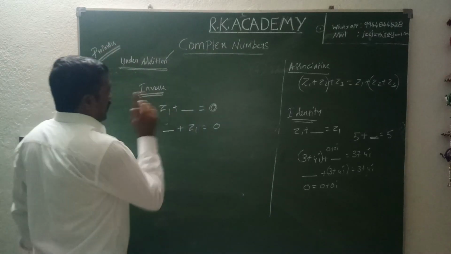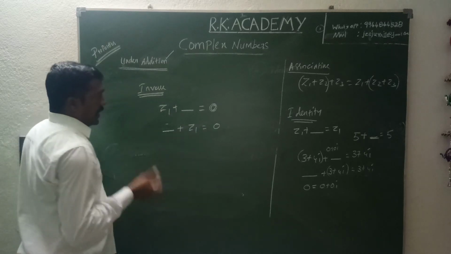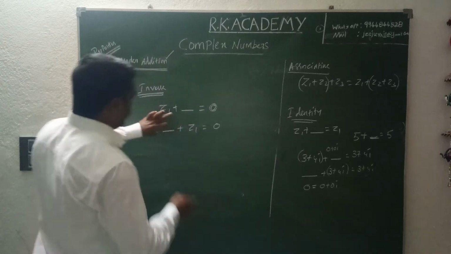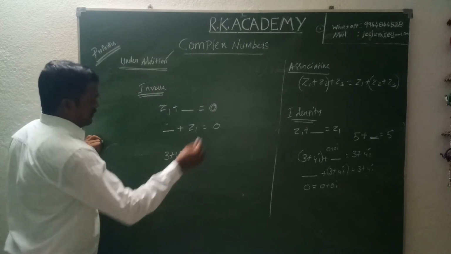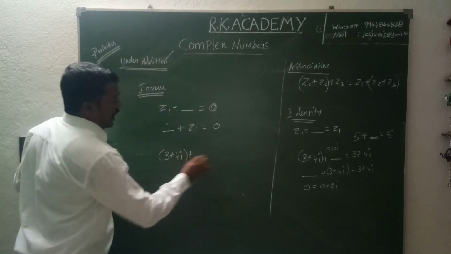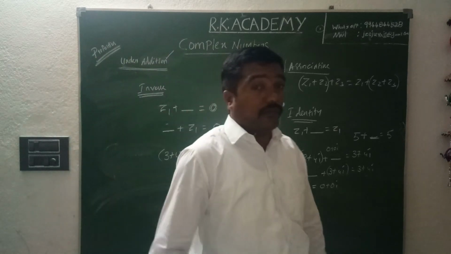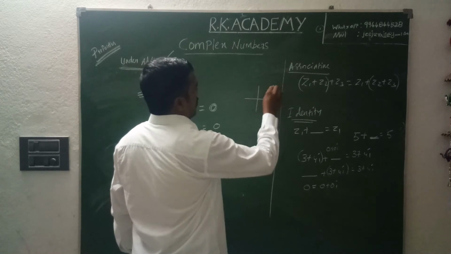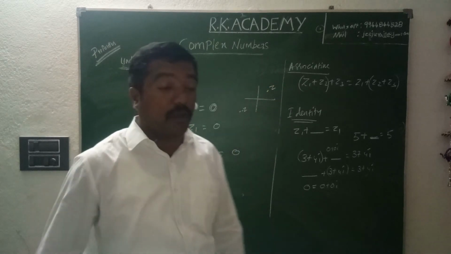Listen, z1 plus dash. Now I am taking a complex number 3 plus 4i plus dash is equal to, I need 0. All of you know about that. Negative of a complex number. Suppose it's z, minus z is the negative of a complex number.